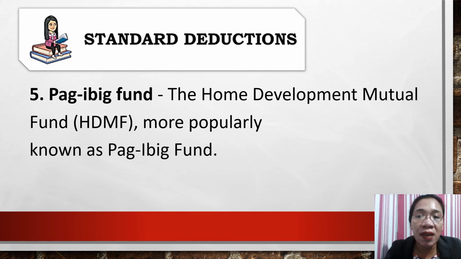This was established to provide a national savings program and affordable shelter financing for Filipino workers. Kasi dito, pwede kang mag-loan para pabahay or magpagawa ka ng bahay. Kaya nga, tinatawag siyang Home Development Mutual Fund. And this is affordable.